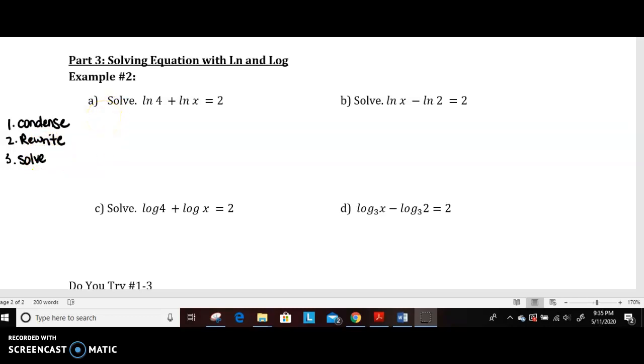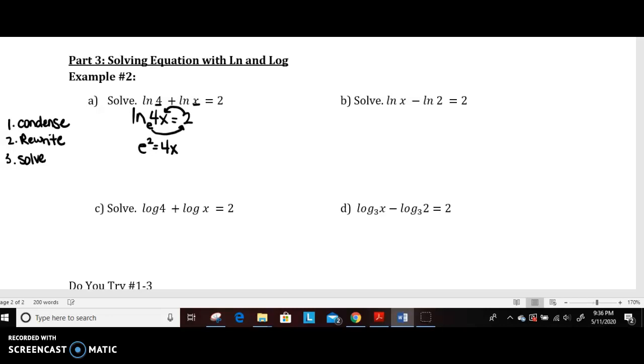So we see we have the plus sign here in the middle, so I'm going to rewrite it as ln of the product, because of the plus sign, multiplying these two, equals 2. I know this has a base of e. The natural log has a base of e. So I'm going to do my loop-de-loop. So it's e to the second power equals 4x.